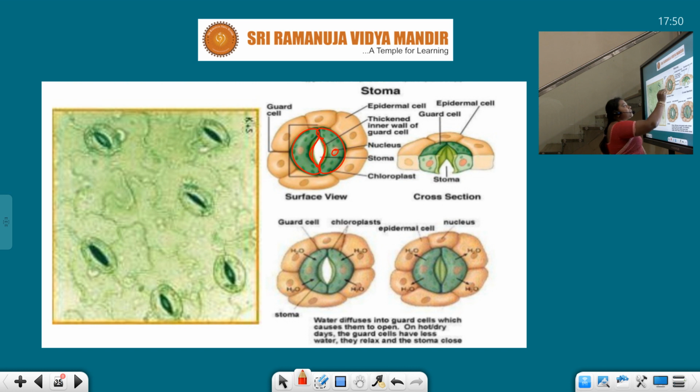The center opening is called the stoma, and it is surrounded by the subsidiary cells. The entire aperture is the stomatal aperture. This closing and opening of the guard cells helps in the entry of oxygen into the leaf cells and the exit of carbon dioxide out of the leaf cells. So this is about the stomatal structure.